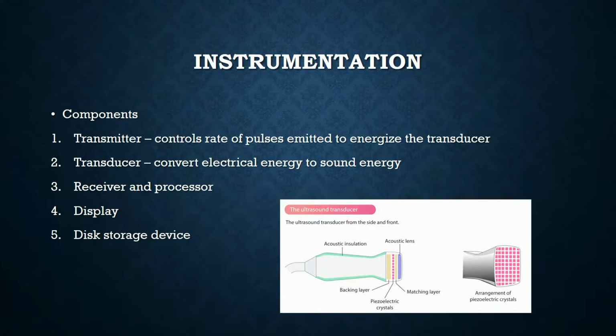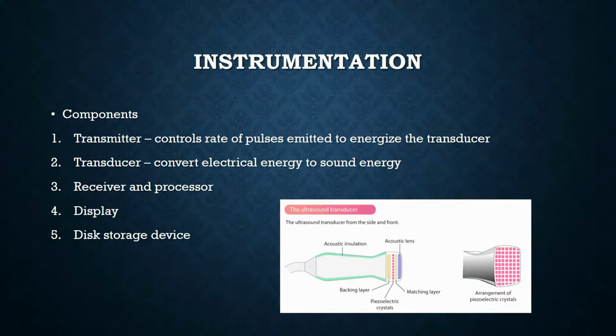Coming to the ultrasound instrumentation, the components are transmitter, transducer, receiver and processor, display, and the storage device. In short, the transmitter controls the pulse rate and energy levels sent by the transducer, where the transducer is a converter that uses piezoelectric crystals to turn electrical signals into sound waves, and vice versa.